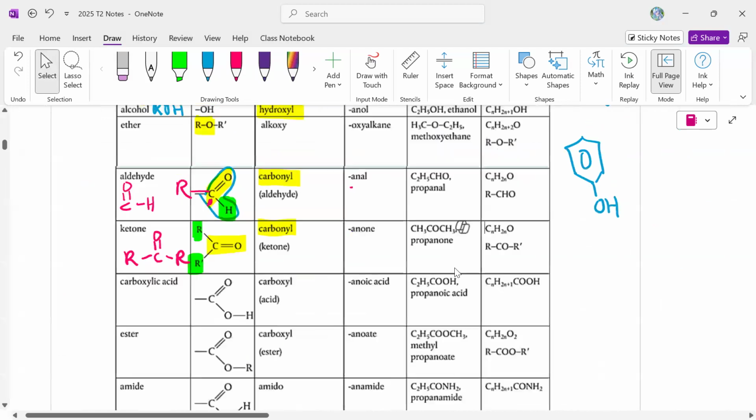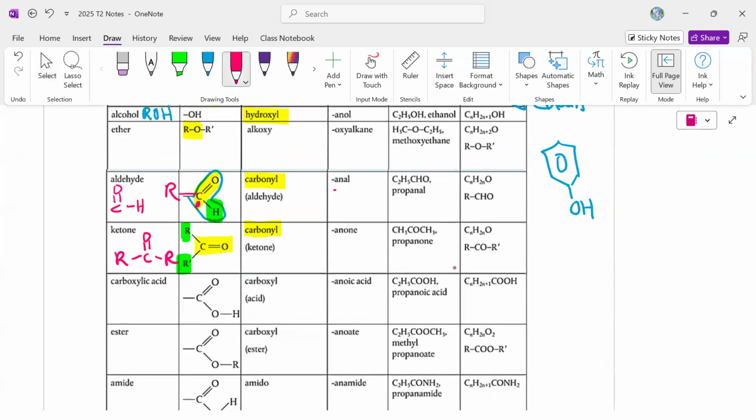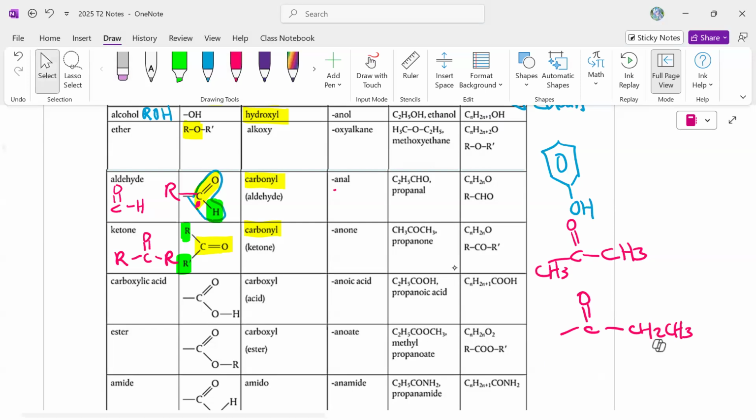Okay, so you'll find that, like propanone, there's no ambiguity. There's no way anybody can draw a 3-carbon ketone besides propanone. Same, there's no way anybody can draw a 4-carbon ketone unless it is butan-2-one.